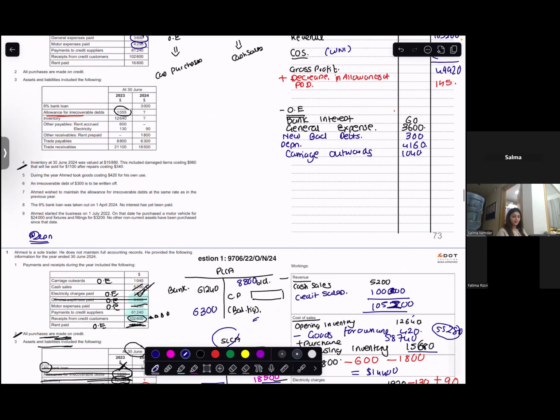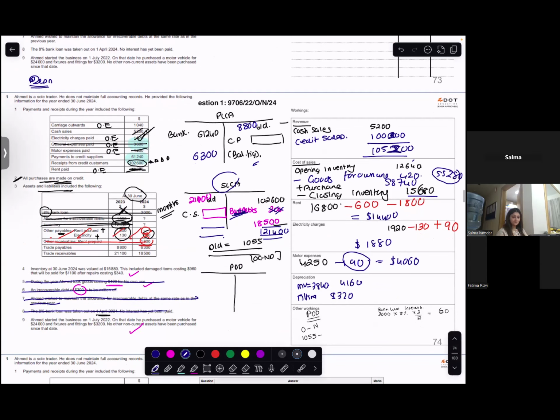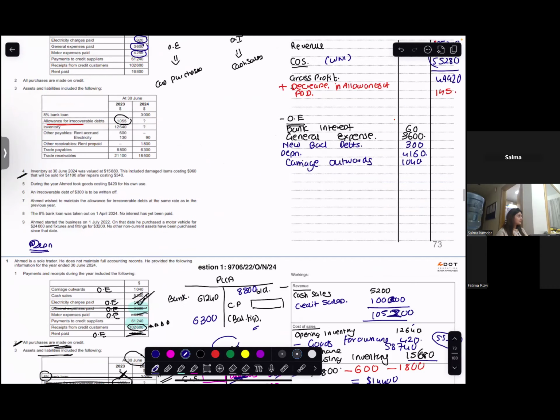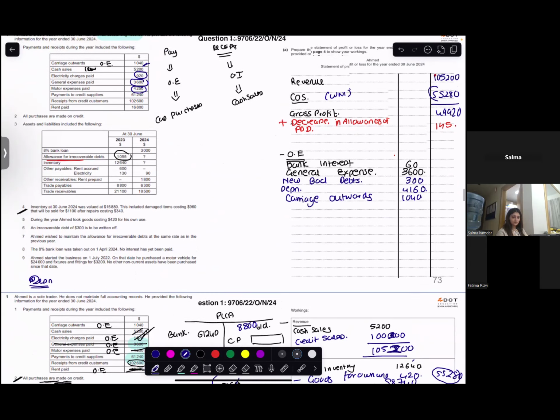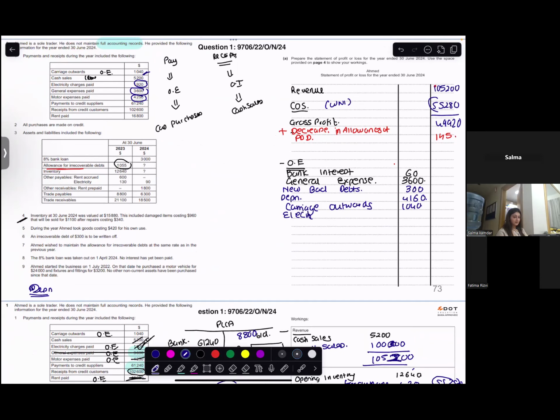Three things we found over here: electricity, rent, motor expenses. General expenses we already wrote. Can you give me electricity, how much? So it's in the working note. So I'm writing working note.